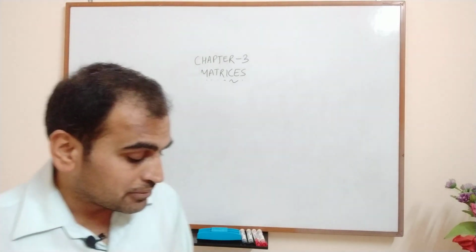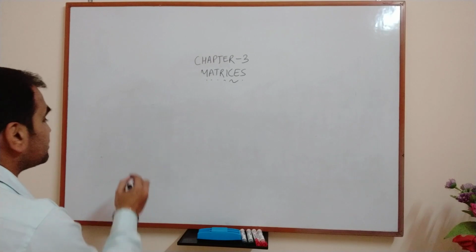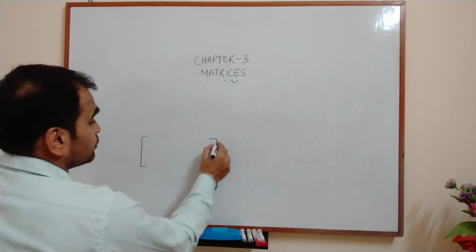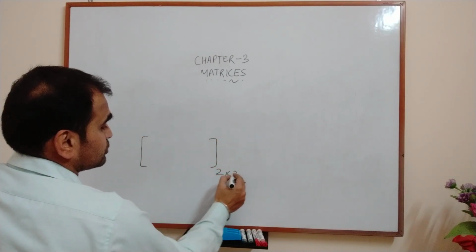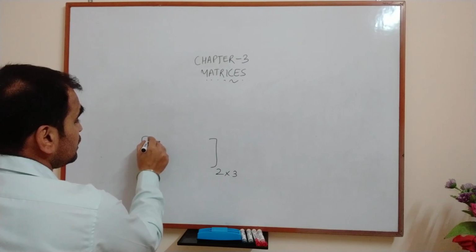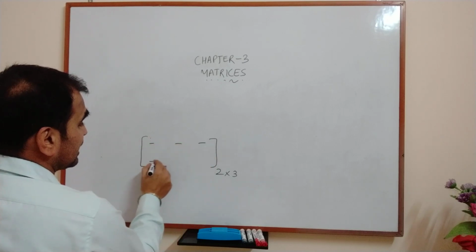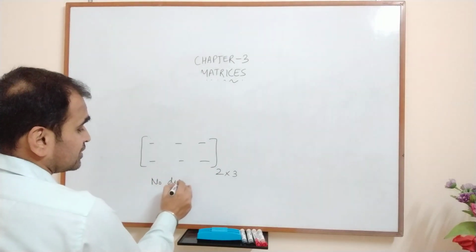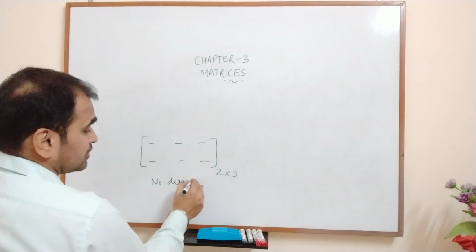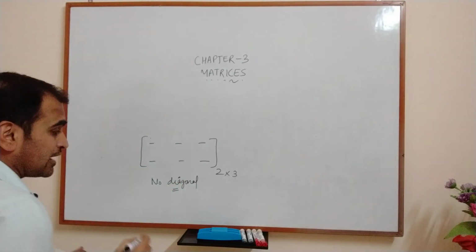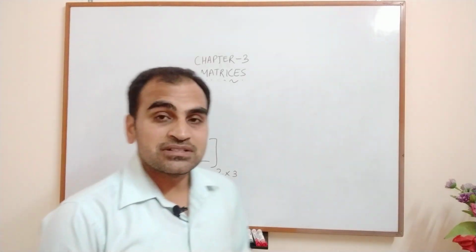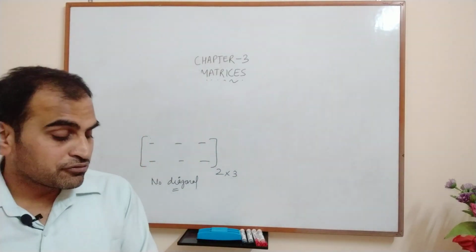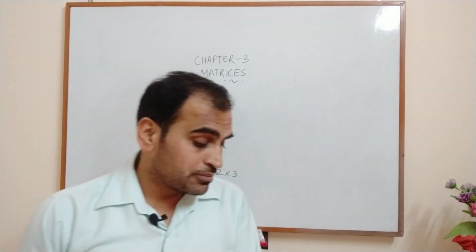So it must be a square matrix. Why should it be a square matrix? In a non-square matrix, suppose there are 2 rows and 3 columns, we will not be able to have a diagonal. So there is no diagonal. For a diagonal matrix, there must be a diagonal. So that's why it should be a square matrix.